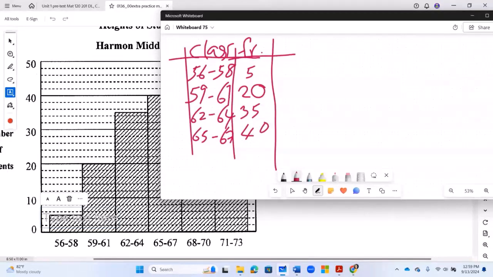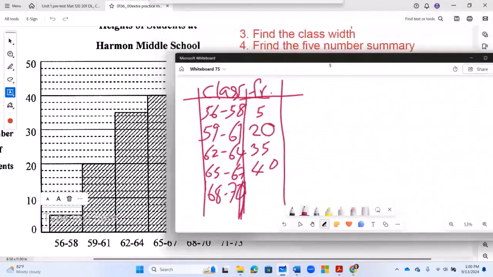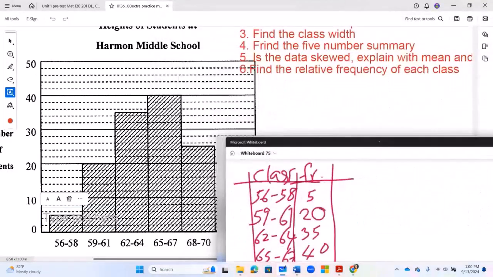The fifth class is 68 to 70, and the frequency is approximately 25.